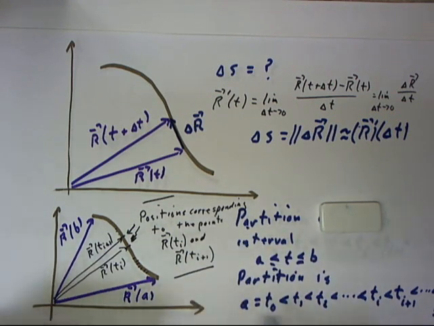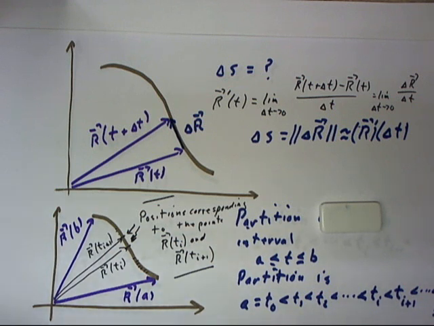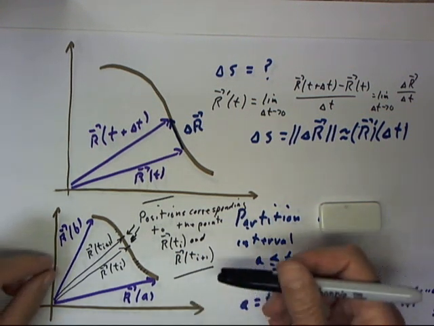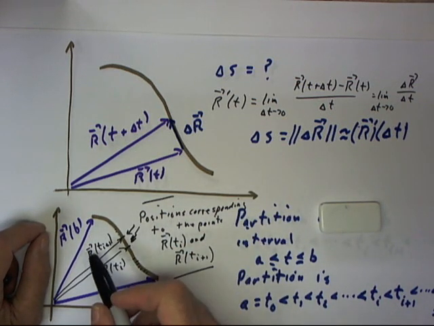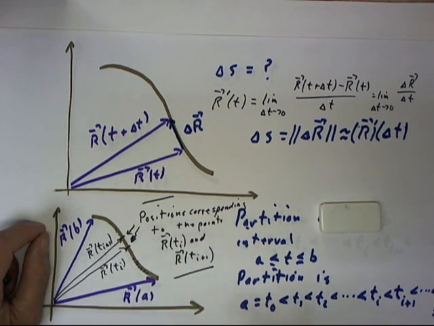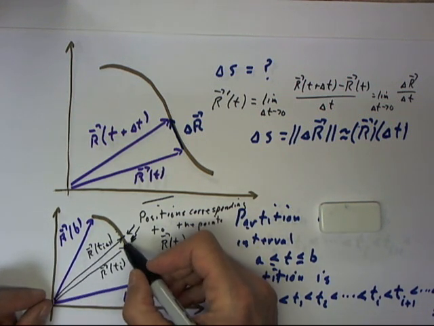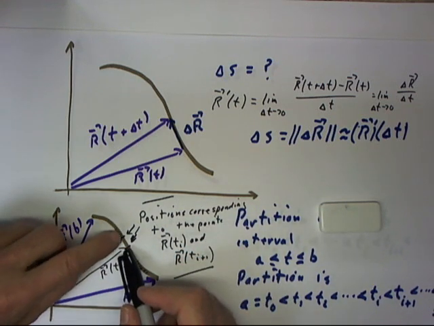So we partition our interval from a to b. We take a typical interval in the partition, from t sub I to t sub I plus 1. We indicate these positions, label them r of t sub I and r of t sub I plus 1, and think about how far the object is going to move over this particular interval.